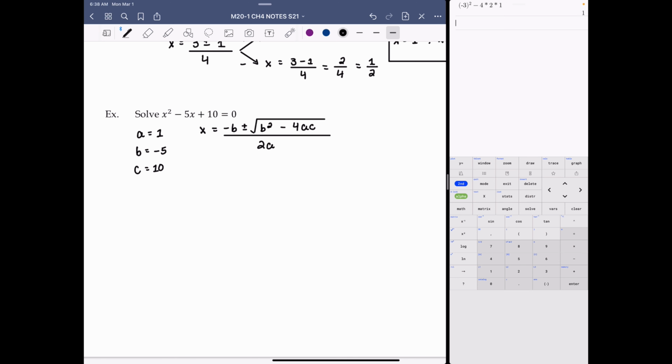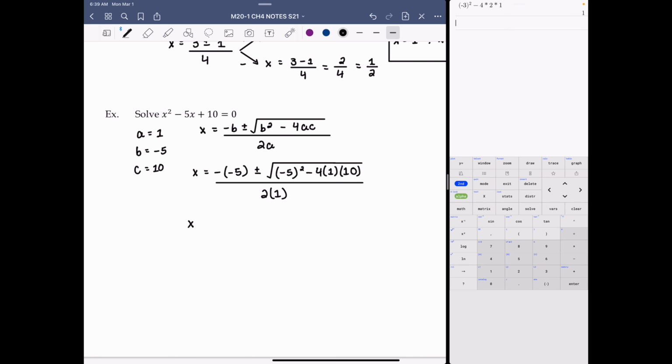Then I plug in my a, b, and c values. So x equals negative 5 plus minus the square root of bracket negative 5 close bracket squared minus 4 times 1 times c, which is 10, divided by 2 times a, which is 1.